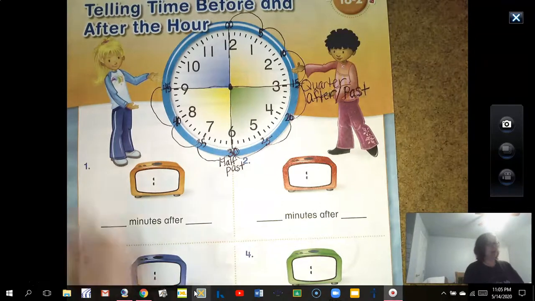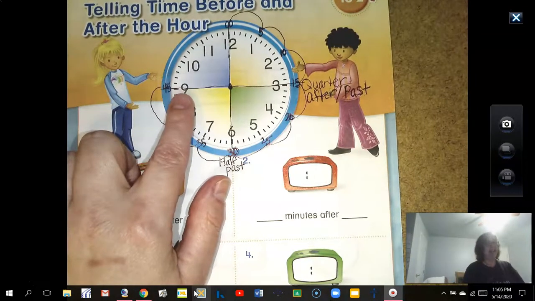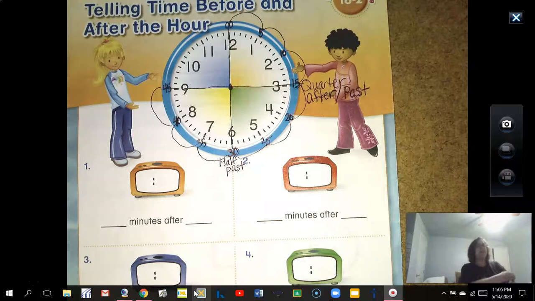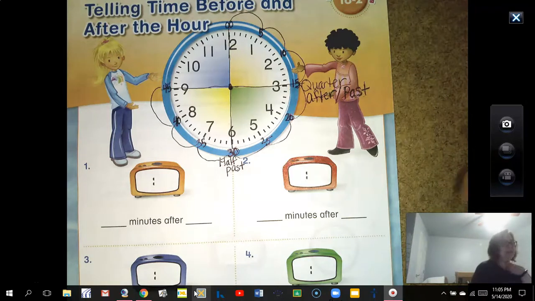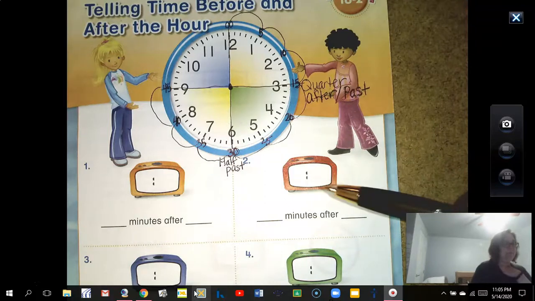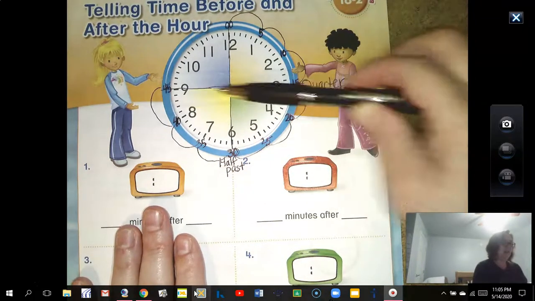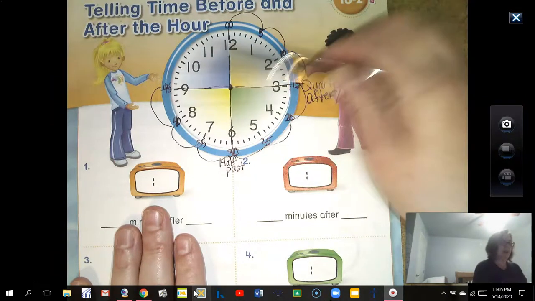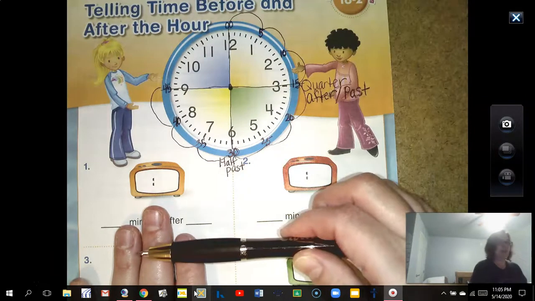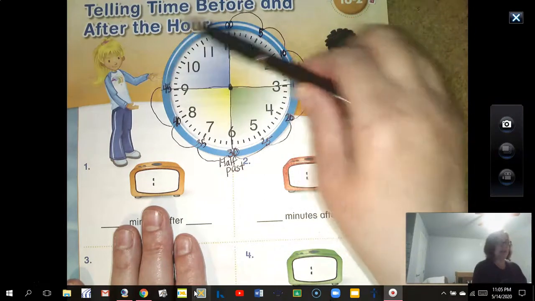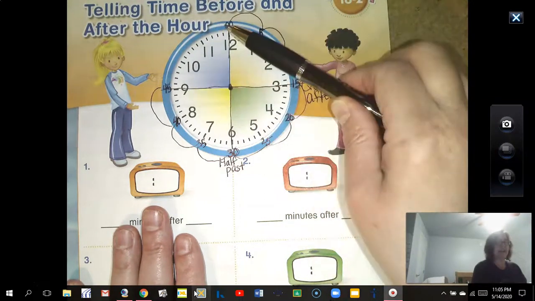Does anybody remember what happens when we're at the 9? Because remember we talked this year about when that minute hand's at the 3 and the 9, those are some different kind of times that you had learned than what you were used to in first grade. Okay, we're at a quarter mark again. We're at 1/4 of the clock that we still have 15 minutes to go before the next hour.